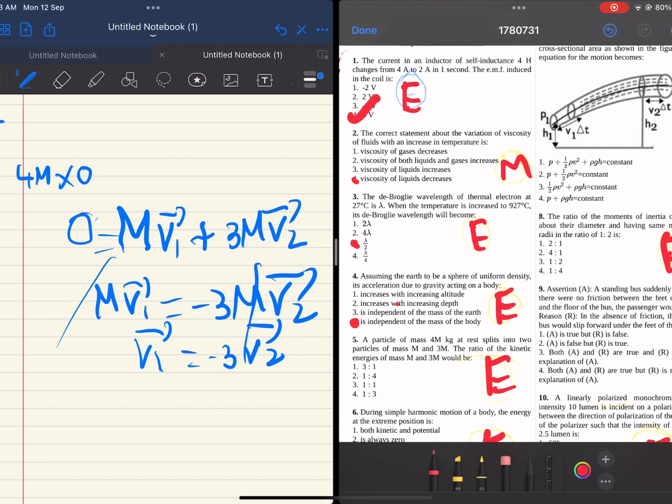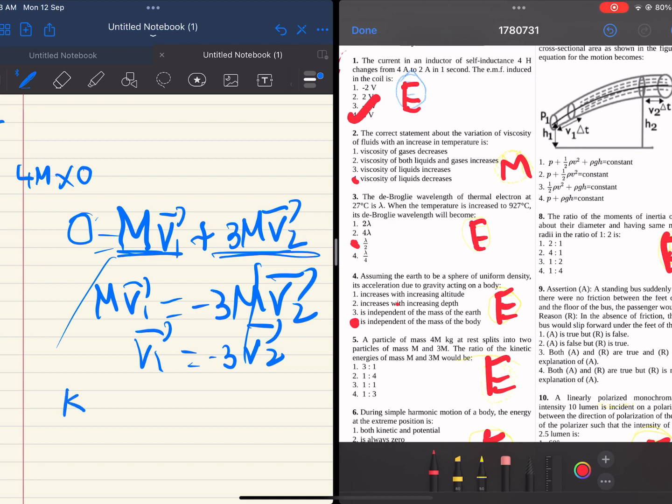Or a better thing to do is, since the total momentum of these two is 0, this momentum should be the negative of the other momentum. Magnitude wise, these two momentums must be equal. We know kinetic energy of a particle can be written as p square by 2m.